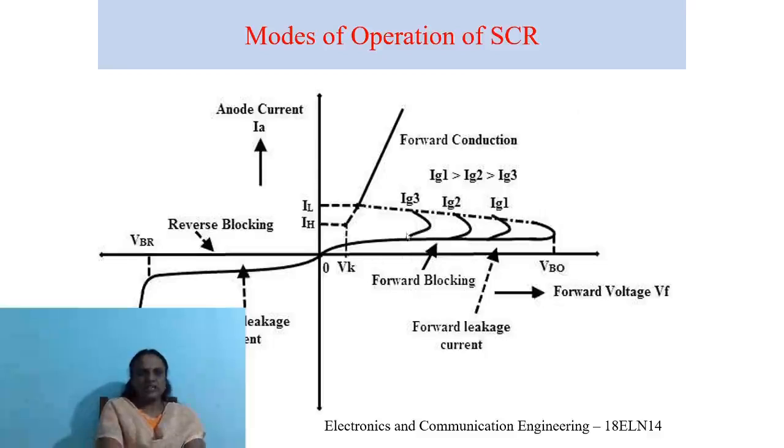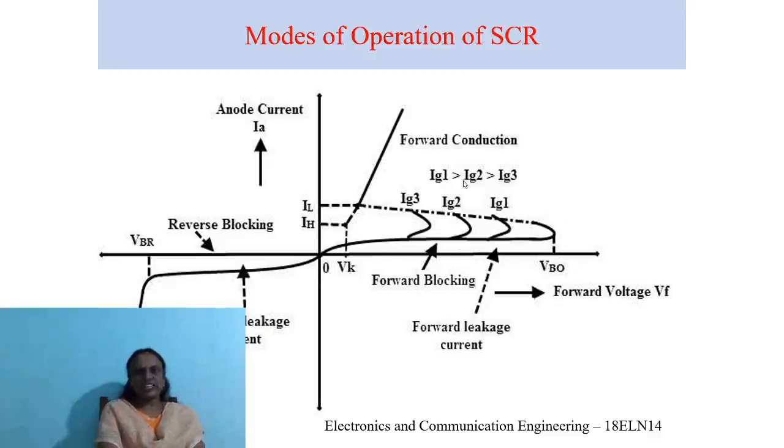If the gate current value is high, the time to come into the conduction mode is minimum. IG3 is very close, so it will take the minimum time to come into the conduction mode. IG1 is very far, so more time will be taken.